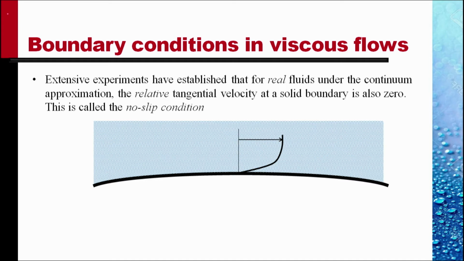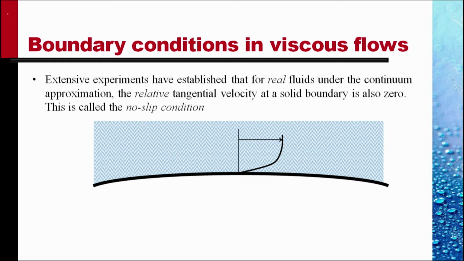There are two known exceptions to this. One is that helium at 4 degrees absolute behaves strangely and it may slip at the boundary. The other exception is for rarefied flows.